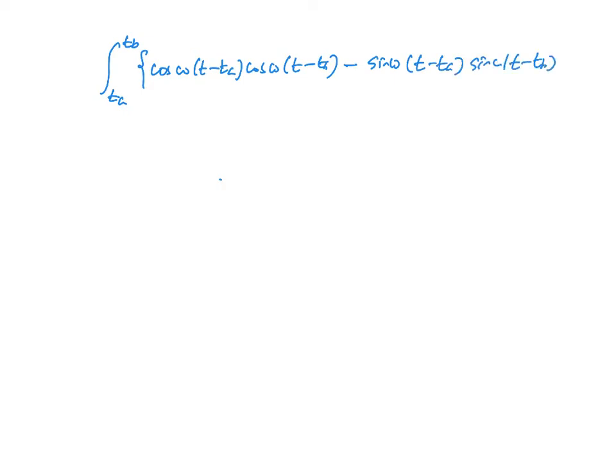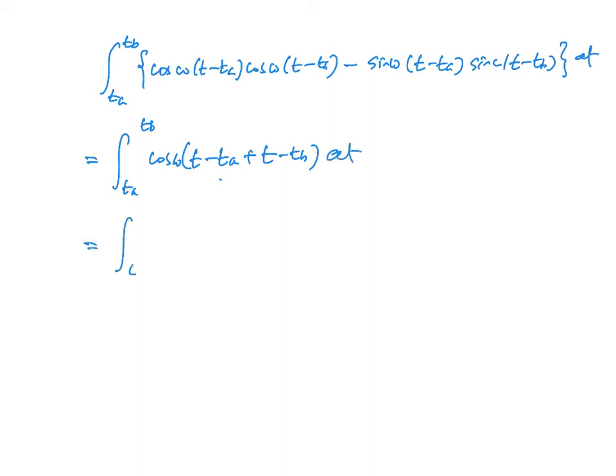The last integral from ta to tb of cosine omega (t minus ta) cosine omega (t minus tb) minus sine omega (t minus ta) sine omega (t minus tb). You can utilize the addition theorem of cosine, then it becomes the integral from ta to tb of cosine omega [(t minus ta) plus (t minus tb)] dt.